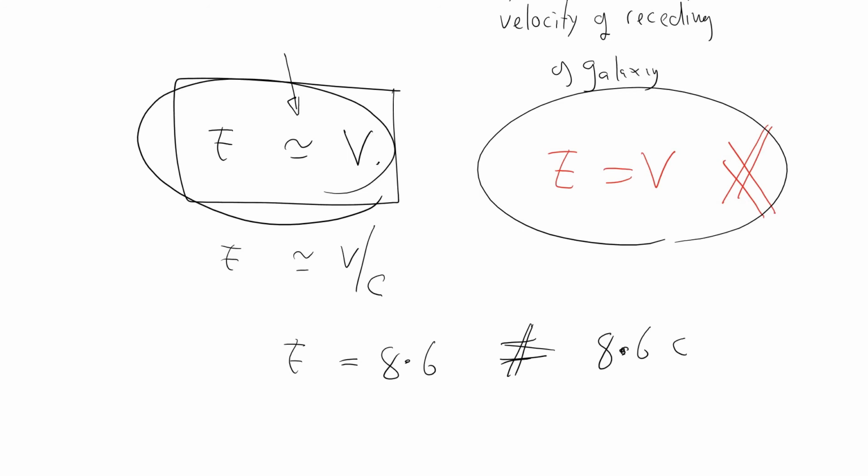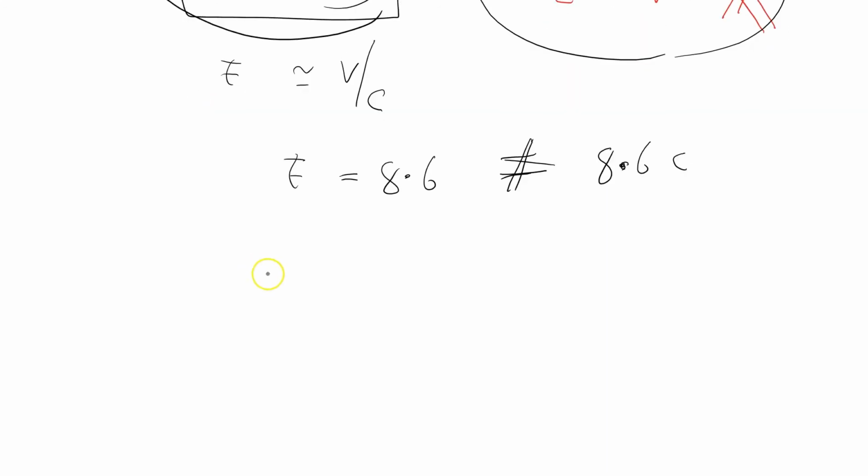If we want to calculate the exact speed, then we need to go back to our original expression, which was that z equals lambda obs over lambda emitted minus 1, and that's exact.